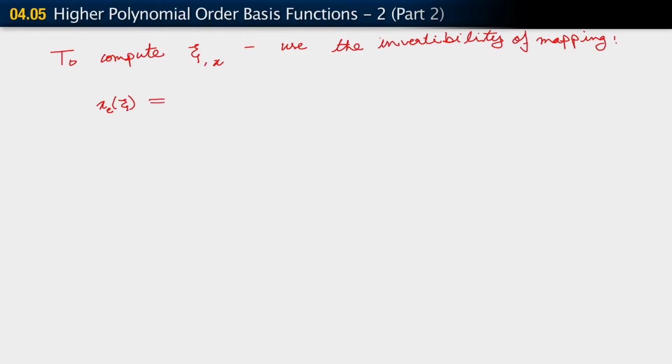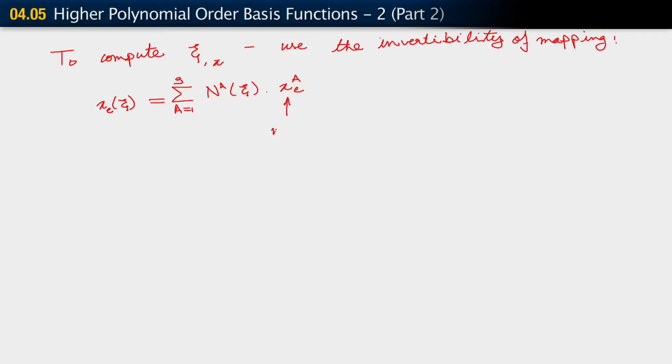And the way we do this is to actually use the same basis functions as we use for our trial solution and weighting function. So we have N_A parameterized by ξ times x_A^e. And you recall what these are. What are they?